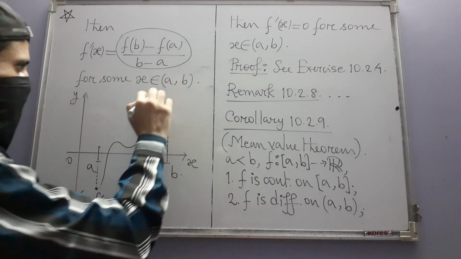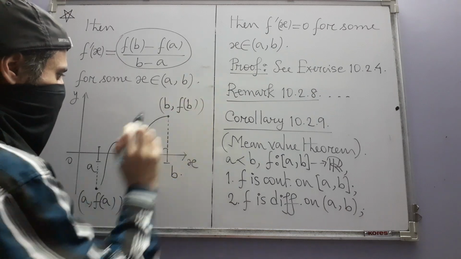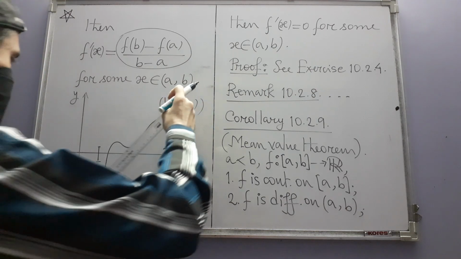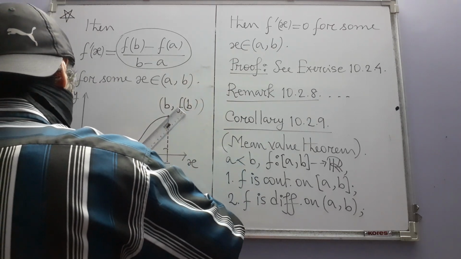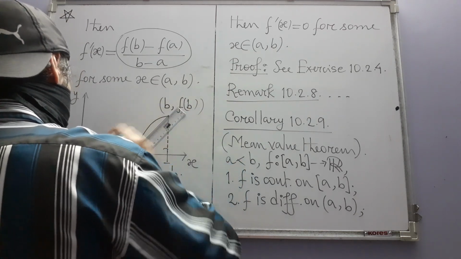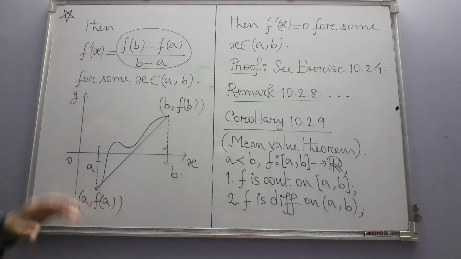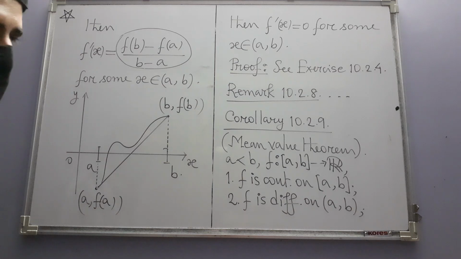This point, and this point is the point b comma f of b. If you join them by a straight line like this, then this ratio is the slope of this straight line.